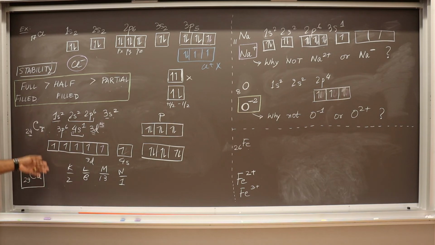So super helpful, the configuration of chromium and copper, which can be explained by this concept of half-filled being more stable than the full-filled orbital, okay?